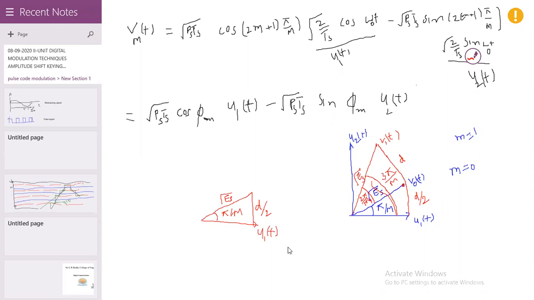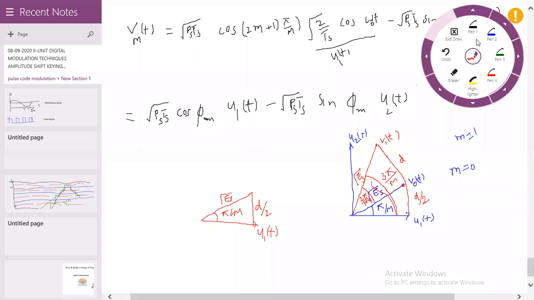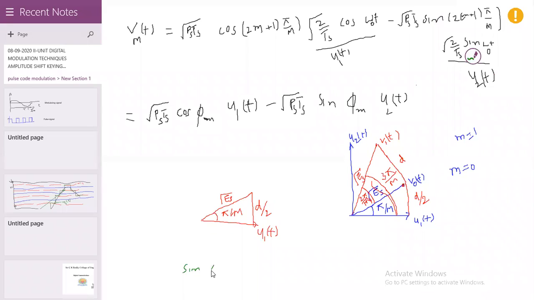Then here you can find the distance between symbol to symbol according to this diagram. So here we can find the angle: sine of pi by m equals, you know this distance, d by 2 divided by this, root of Es.